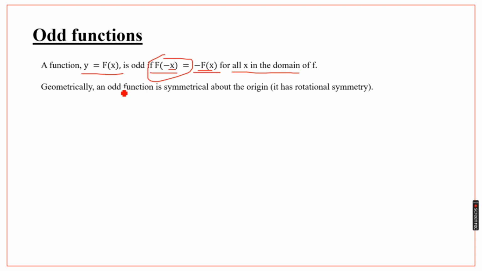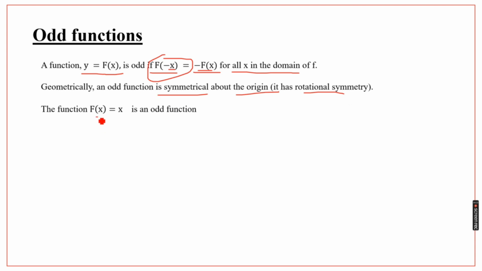Geometrically, an odd function is symmetrical about the origin, which means it crosses the origin. But for the even function, it is symmetric about the y-axis. So it has rotational symmetry.